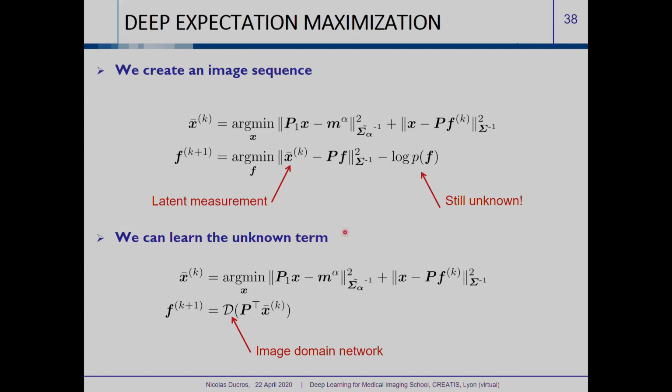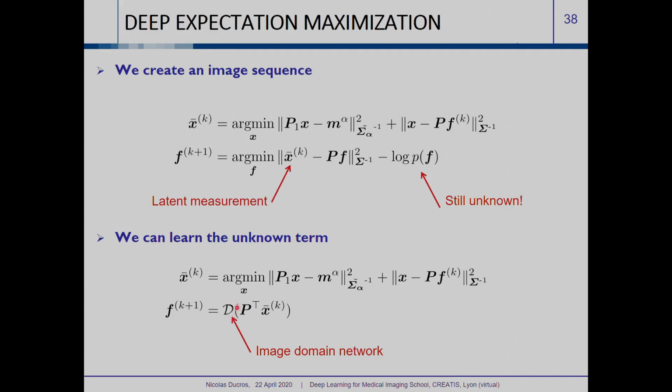This is why we rewrite this a little bit. So we keep the first equation and we will have an analytical solution for the first equation, and I think you will recognize it. And as we will not be able to solve the second analytically, we propose to learn it.